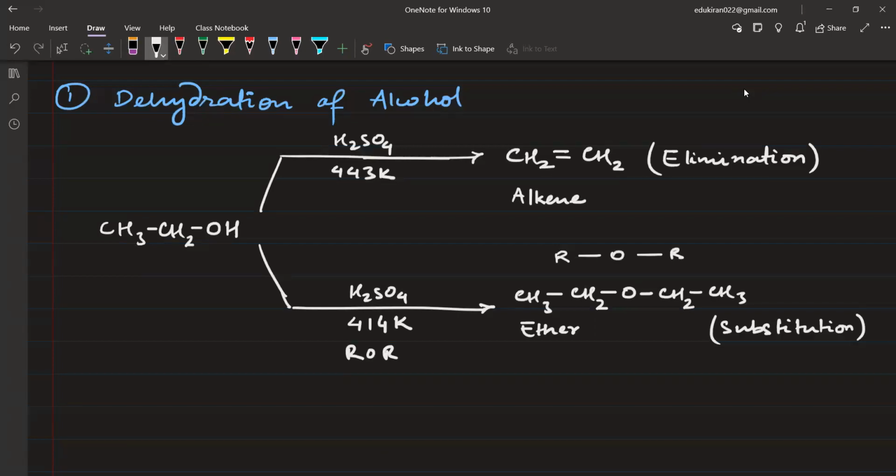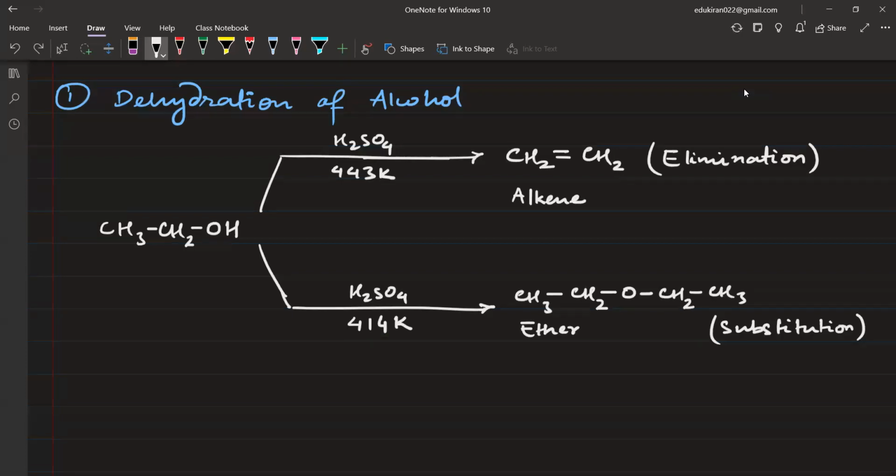ROR, 414. 414 is very similar to the ether's general formula. Don't remember 413 or something like that. Remember 414. If you want to write the reaction, but even if you don't write, just show the sign of heat. That will do the work.